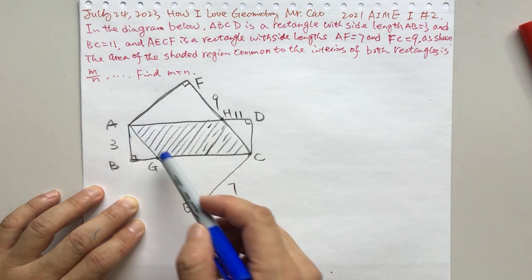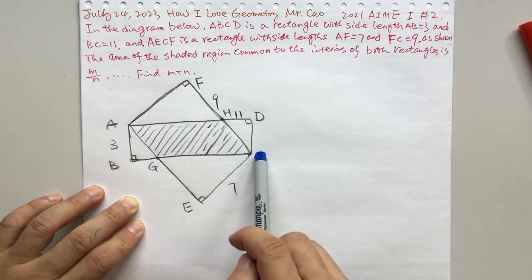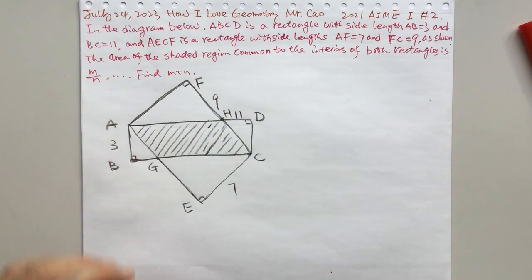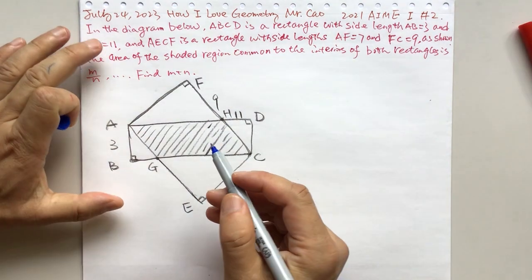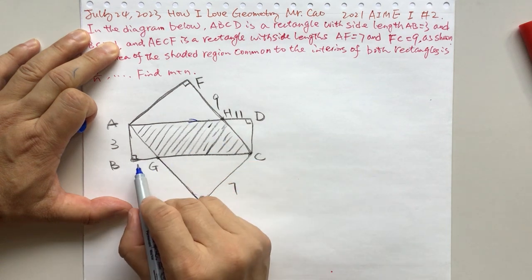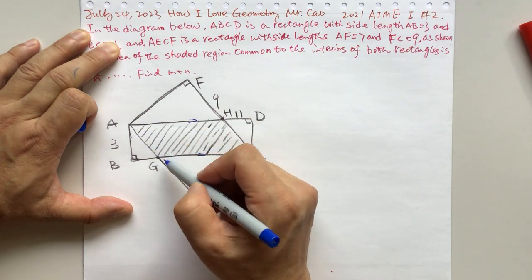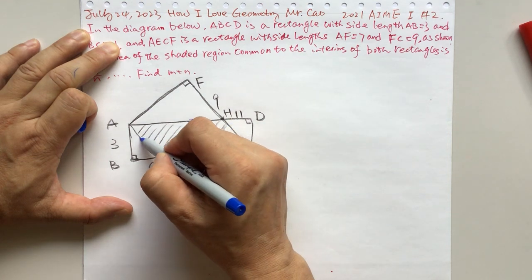So it means we want to find the area of this quadrilateral AGCH. At first we know AH is parallel to GC, right? And AG is parallel to HC.